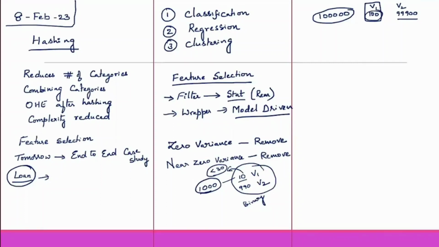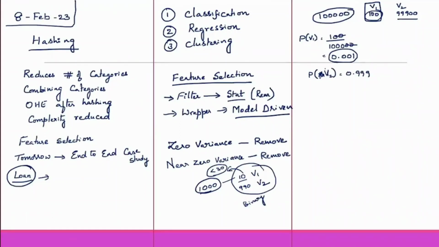The probability of V1 is 100 divided by 100,000, which is 1 by 1,000, so 0.001 is the probability of occurrence. The probability of V2 occurrence is 0.999.